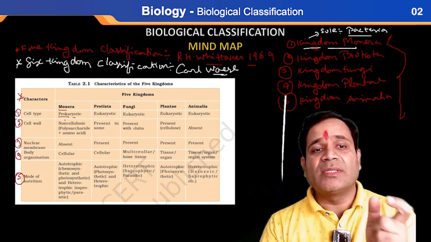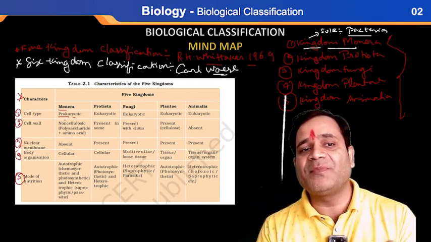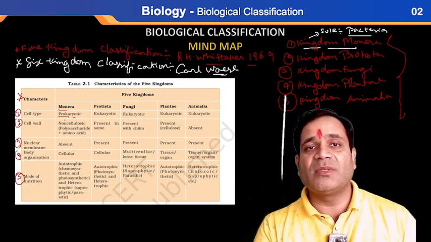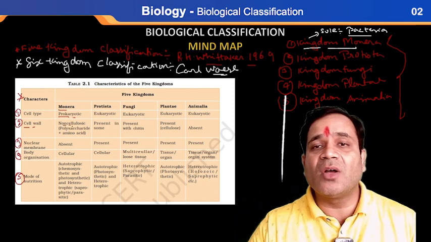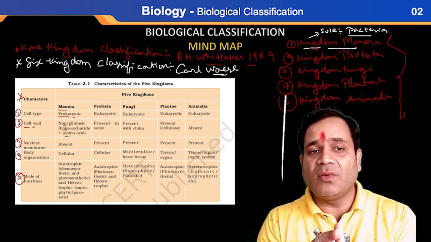Correct? So if I'm talking about kingdom Monera, the cell type is prokaryotic, right? This is the first thing that you have to keep in mind. The second thing is the cell wall, which is made of non-cellulosic polysaccharide along with amino acids. See what I'm saying.